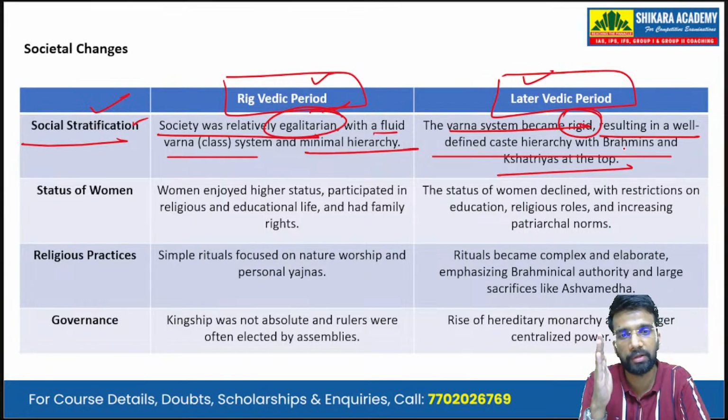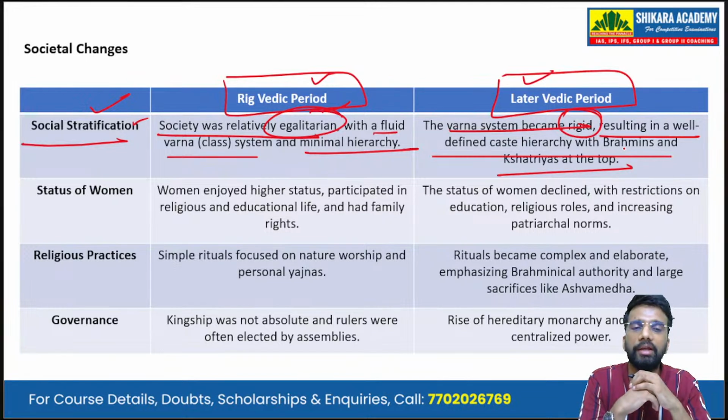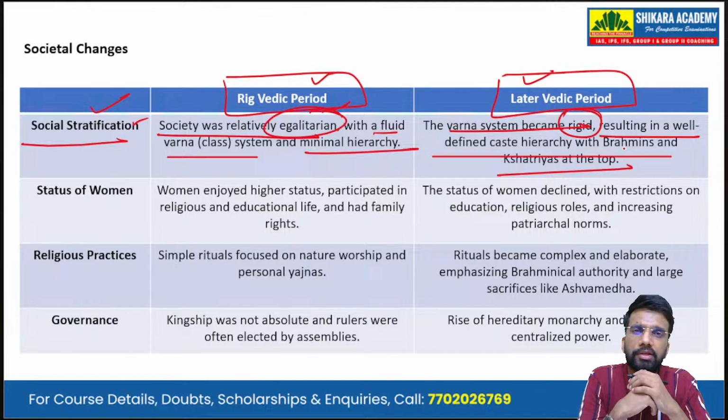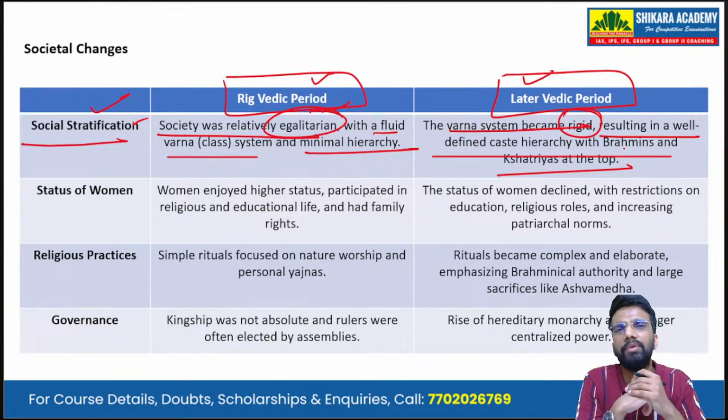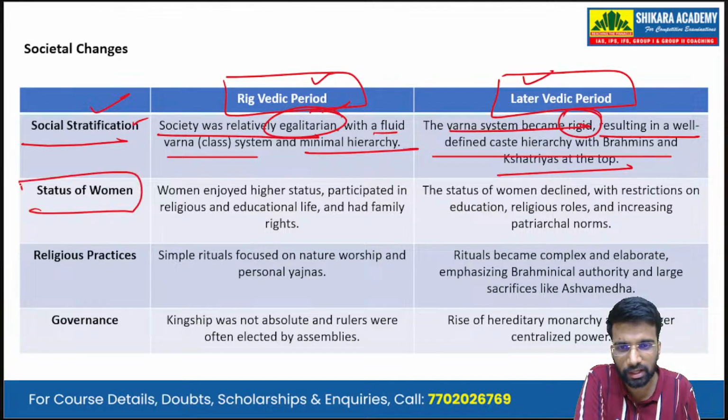So in the Rig Vedic period, the society was somewhat egalitarian, and the Varna system was not that rigid, but it became rigid in the later Vedic period, and the Kshatriyas and the Brahmins occupied the top positions of the society. Then the status of women.